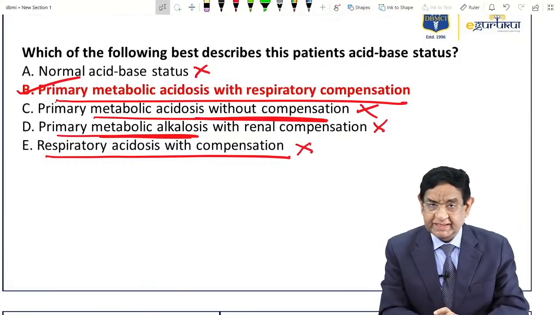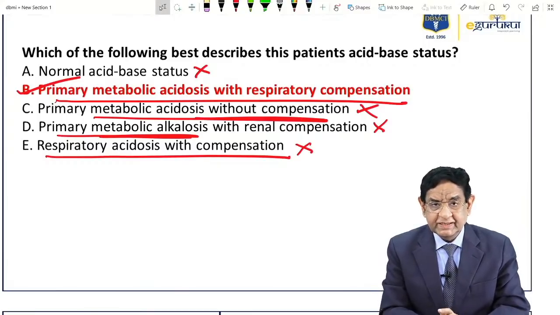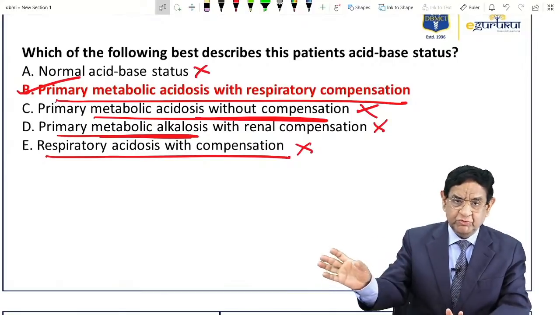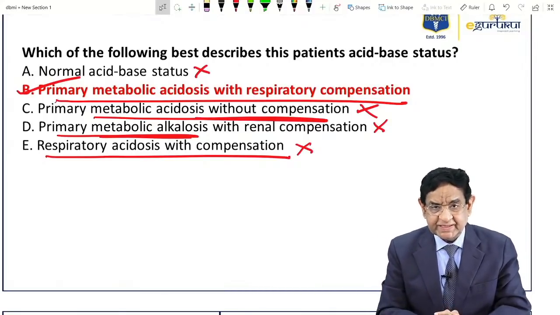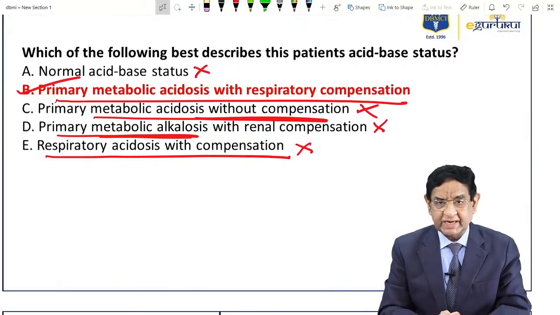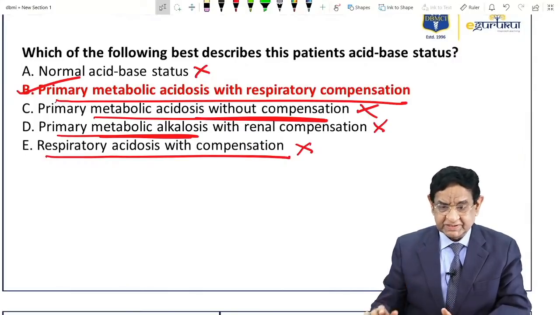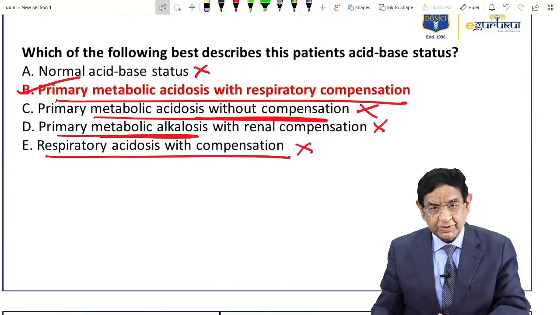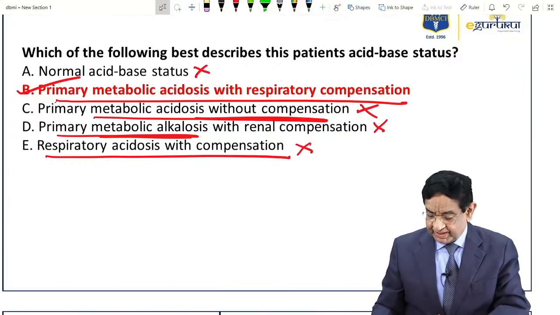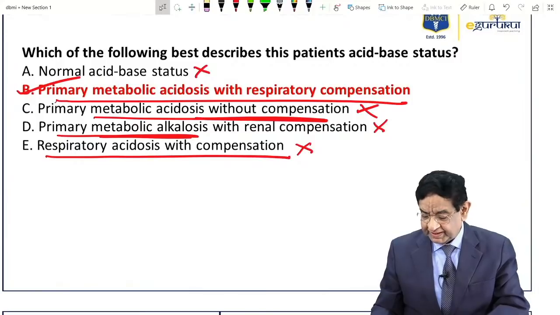Winter formula is that bicarbonate multiplied by 1.5 plus 8 plus minus 2 is the CO2 value that we get. If it comes in the normal range, it is compensated. If not, it is not compensated. This is the summary.